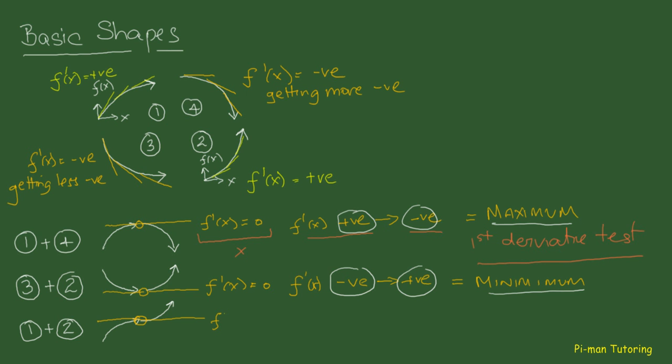So f dashed of x will be 0, and if you look for what happens to the derivative, the sign of the derivative as you pass through that point, in this particular case, what are you going to see? You're going to see a positive value before you hit that critical point, and you're going to see positive again when you come out the other side. So you've got positive going to positive, and we call this an inflection point.